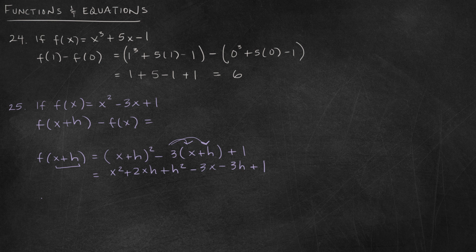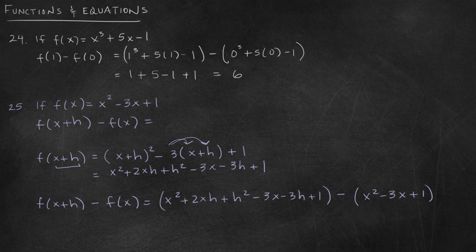The f of x plus h minus f of x, it means I have x squared plus 2xh plus h squared minus 3x minus 3h plus 1, all of that minus my f of x, which is x squared minus 3x plus 1. So here I am going to distribute now this negative 1 and combine like terms.